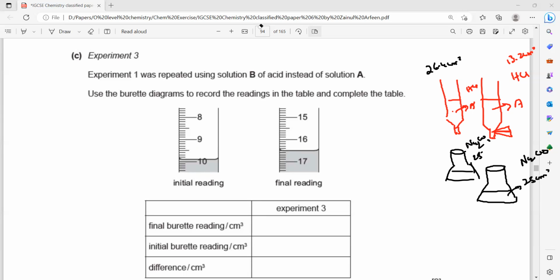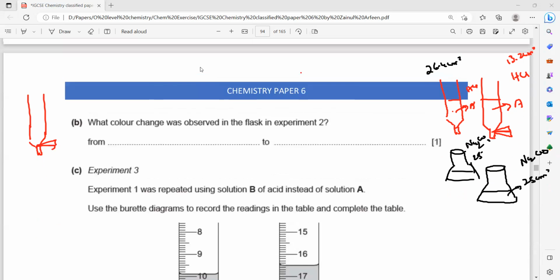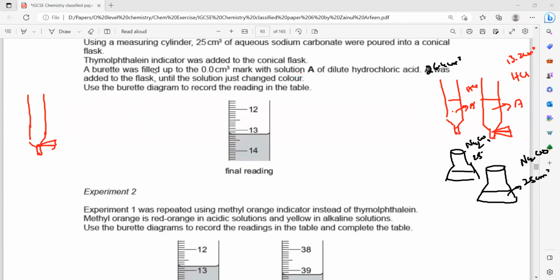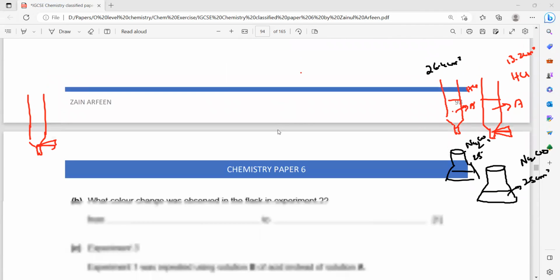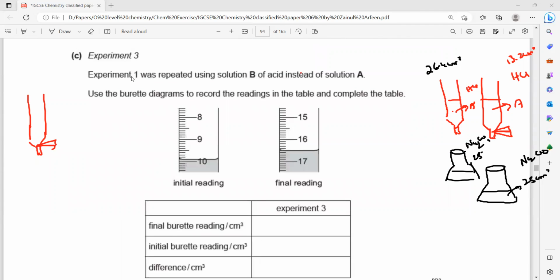Then experiment 3 was done, but this time we are using solution B. Experiment 1 was repeated, so we use the same indicator, thymolphthalein, because experiment 1 was repeated using solution B. In the burette we took solution B of HCl, and the conical flask was filled with 25 cm³ of sodium carbonate.